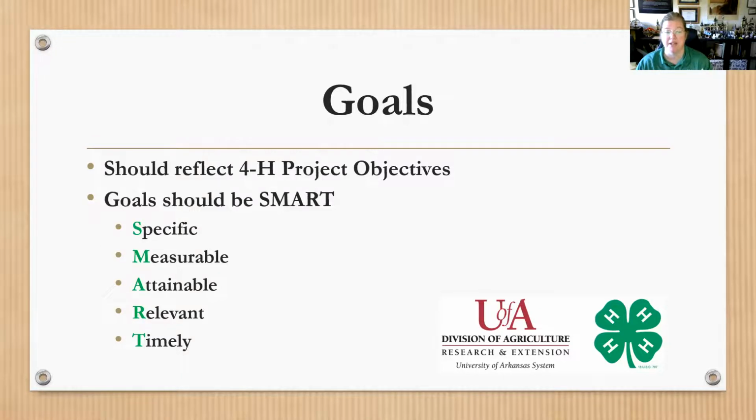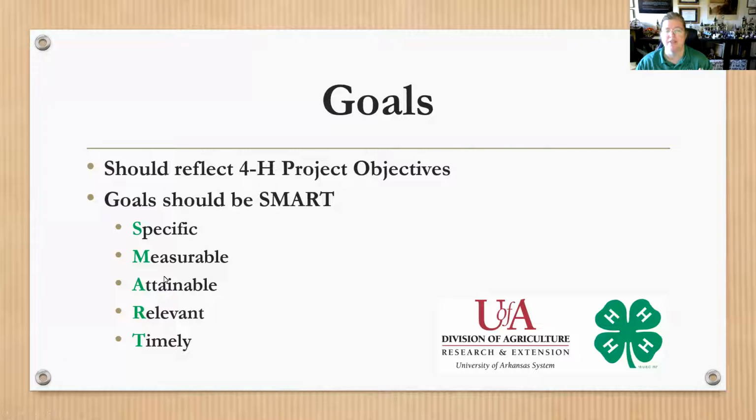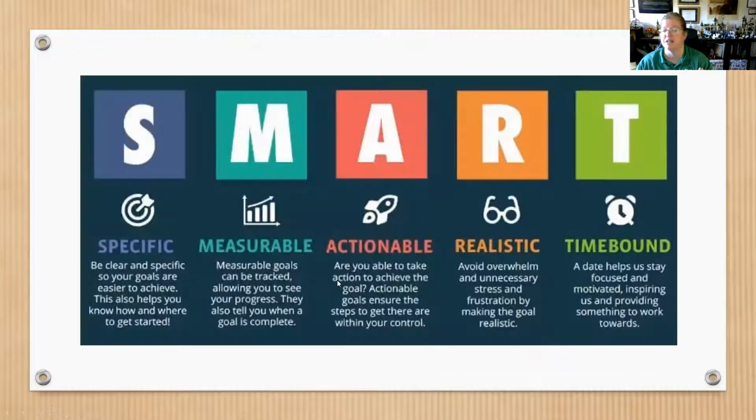A lot of times you'll also see them listed as actionable and realistic instead of attainable and relevant. Again, make sure your goals are relevant to that project area that you're looking at.